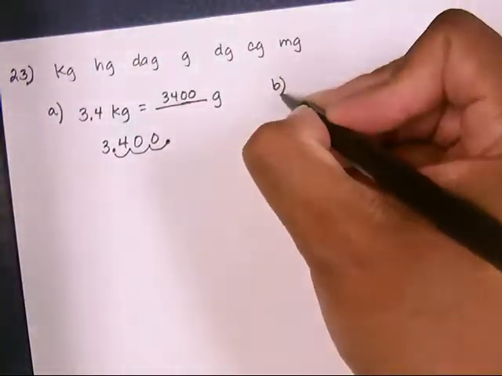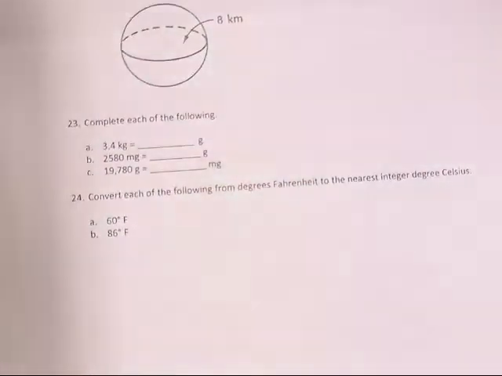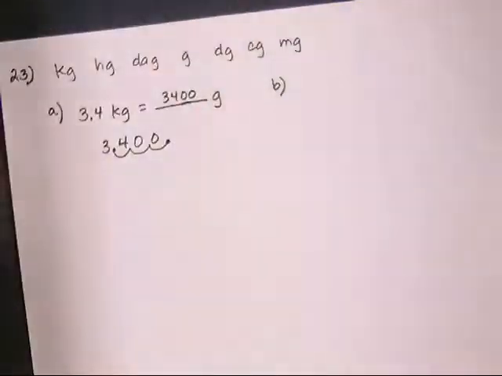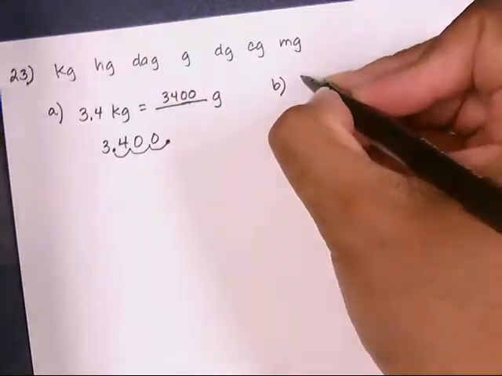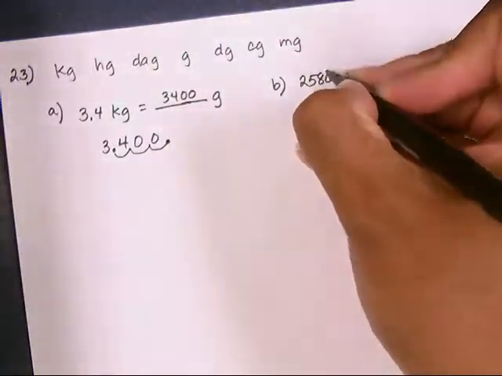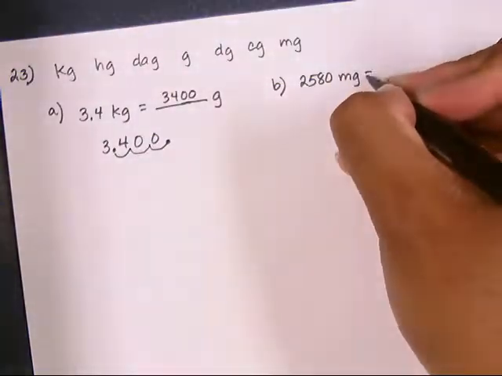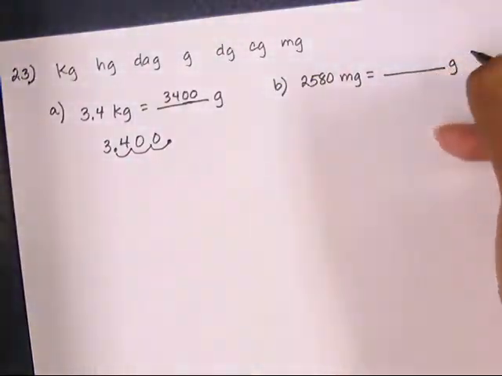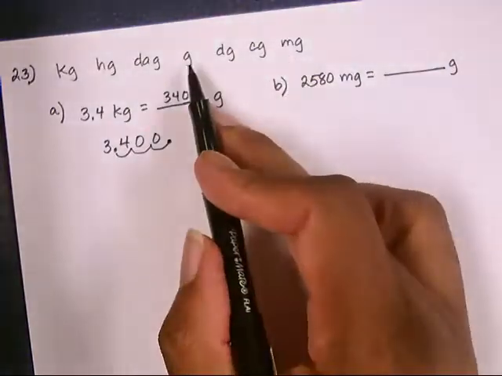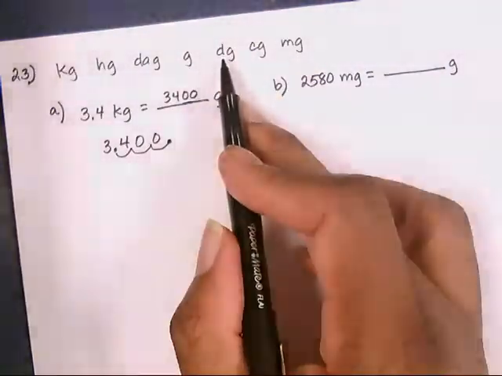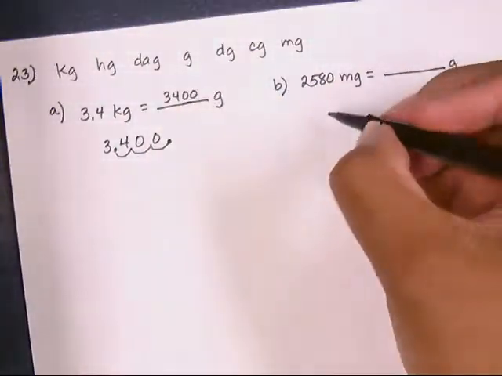Okay. Now part B is to convert 2,580 milligrams to grams. Now from milligrams to grams, we got to go 1, 2, 3 places to the left.